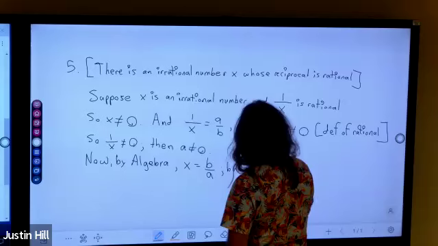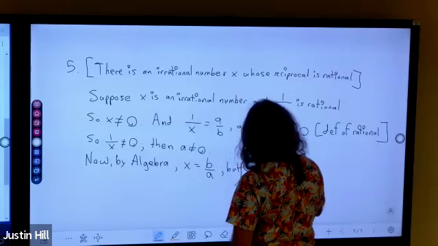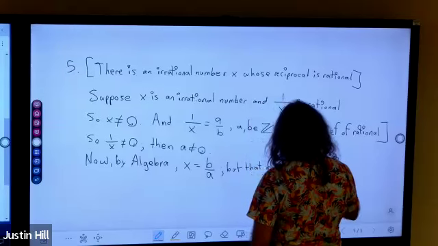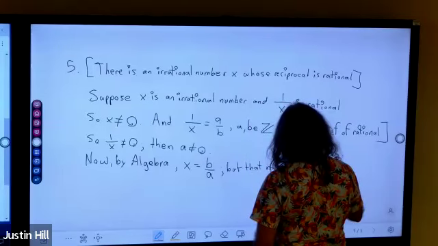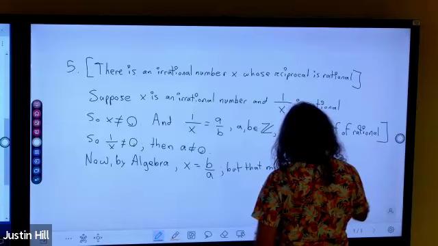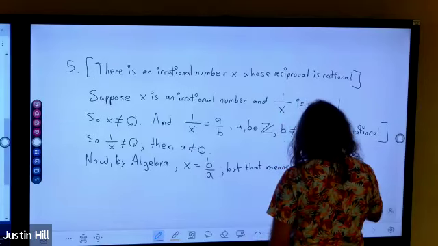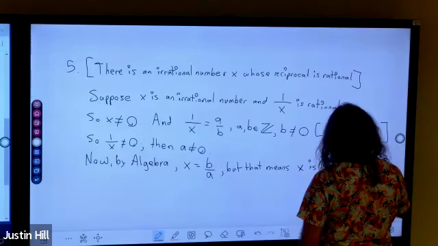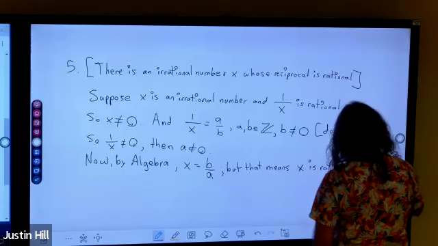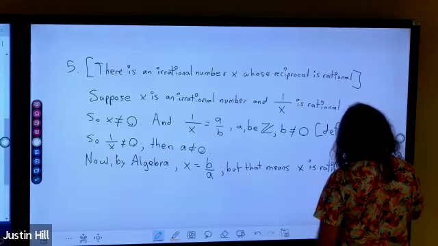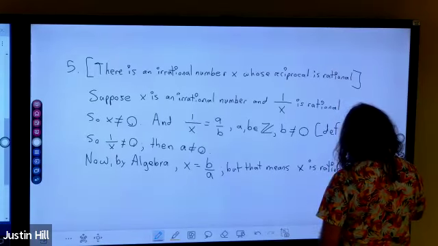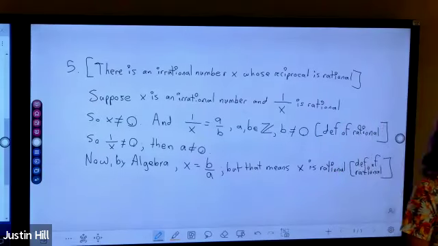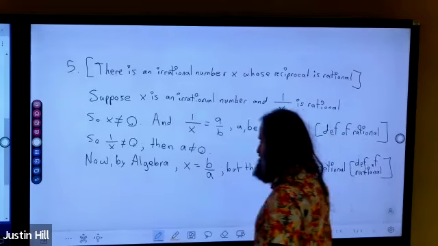So you can say, but that means x is rational. There, again, is our definition of rational. And that's our contradiction.